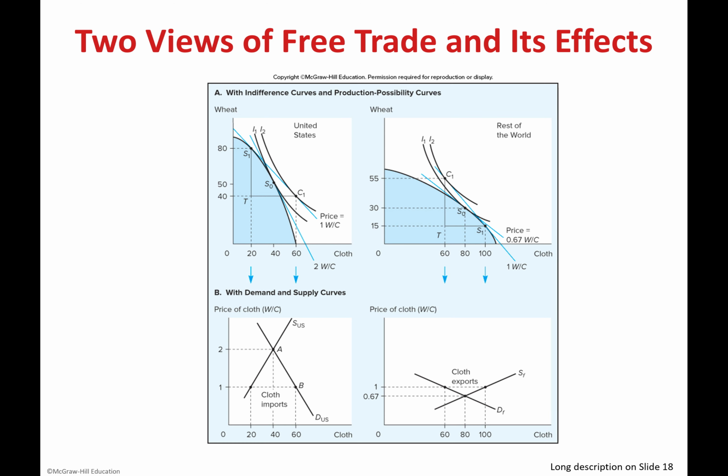So we'd actually produce a lot more wheat, and we can see that at point S1. And we'd produce a lot less cloth. We can see that as well, reducing from whatever we're producing at S0, which looks like 40. We can see that we're halving the production of cloth to 20. At the same time, for the rest of the world, they're doing the opposite.